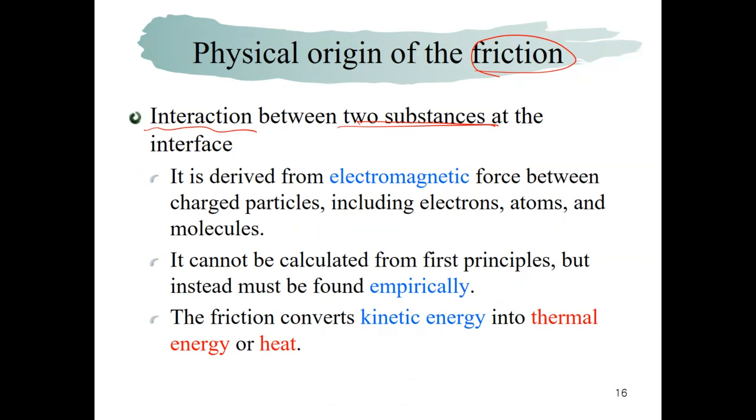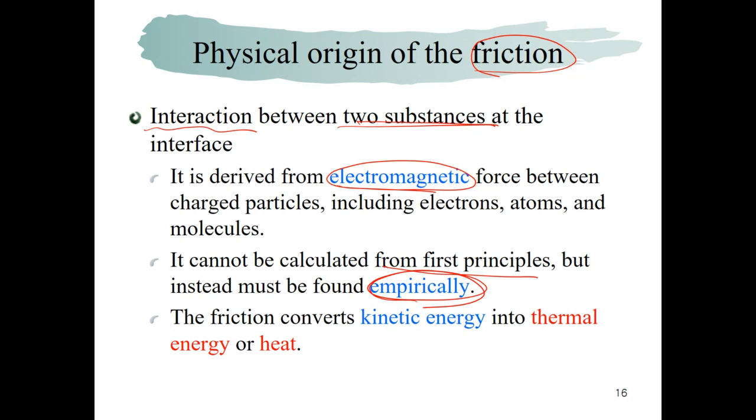Basically, such interaction is based on electromagnetic force, like Van der Waals force or Coulomb force, and any kind of force can be described by electromagnetism. This friction force is usually obtained empirically because it involves too many particles, so it's impossible to calculate from first principles.